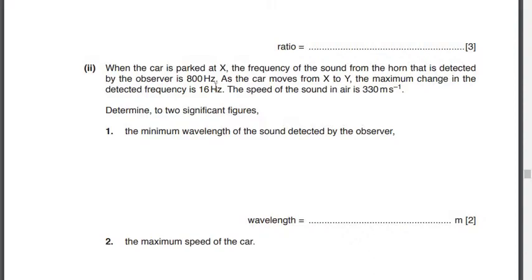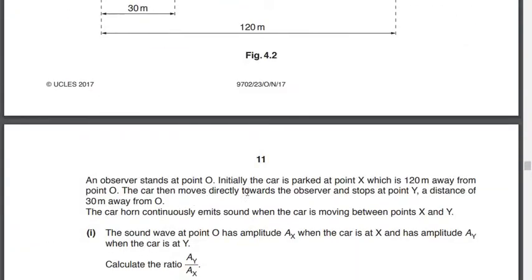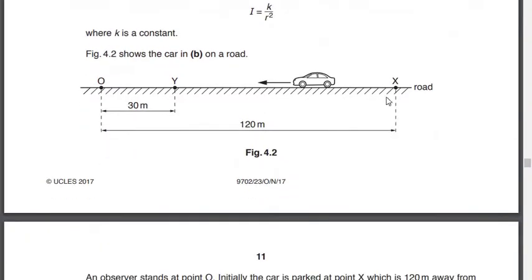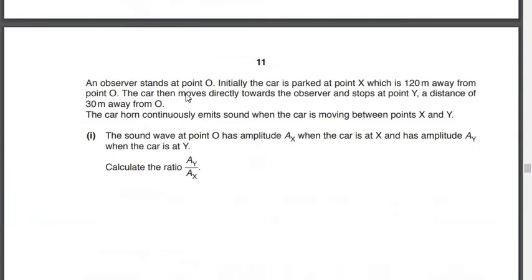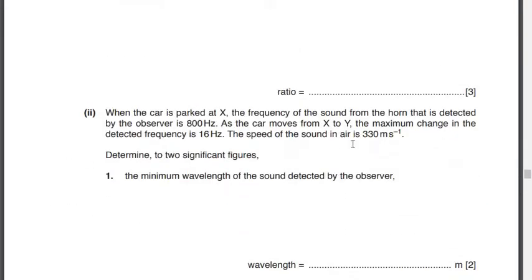The car moves directly, the observer stops at a distance of 30 meters, okay? If it moves at a constant speed, then from X to Y what will the observed frequency be? It's going to be 816, right? Speed of sound 330.